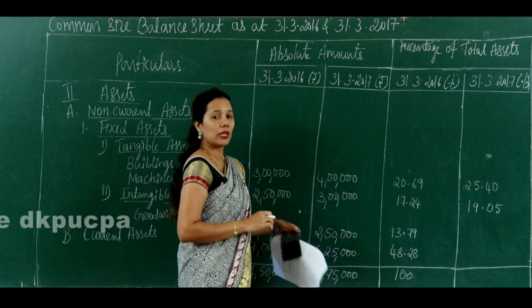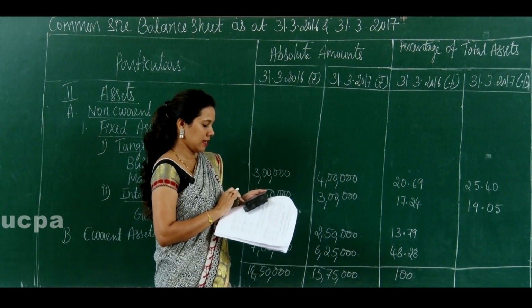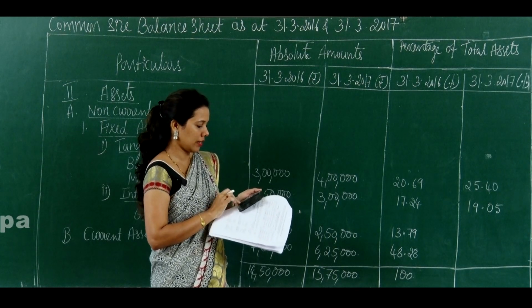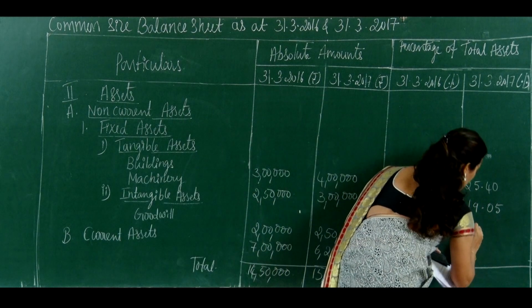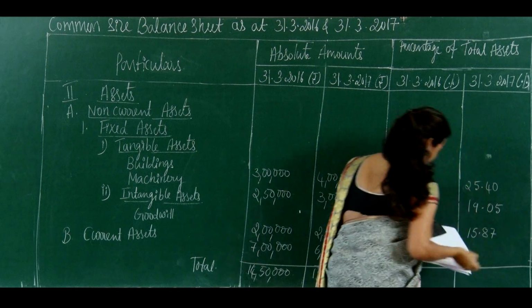The next one is 2,50,000 divided by 15,75,000 into 100, that is 15.87.